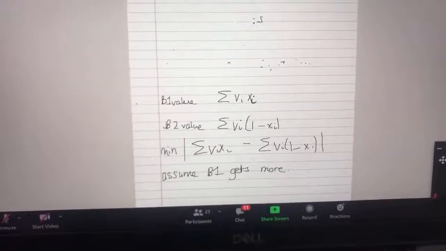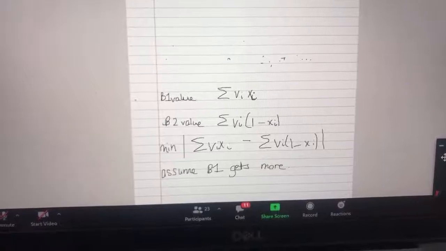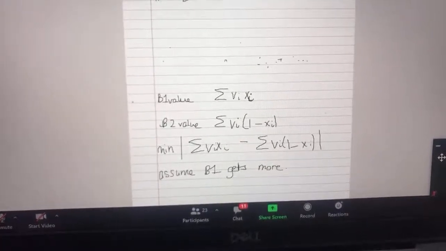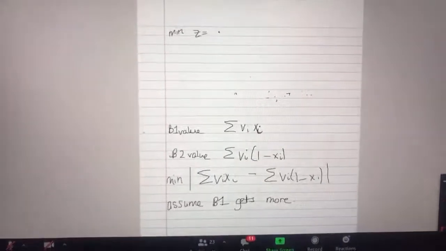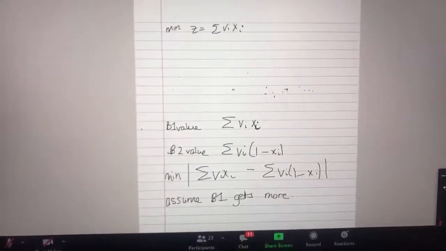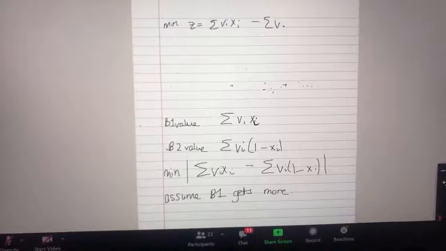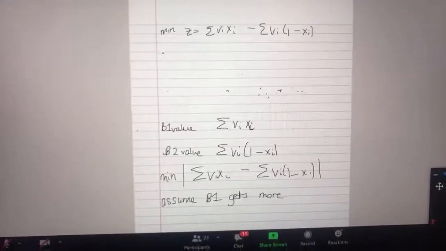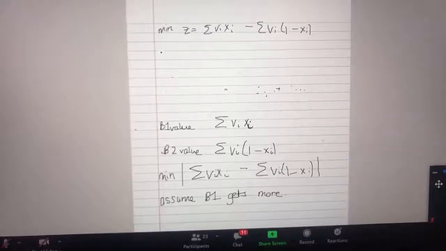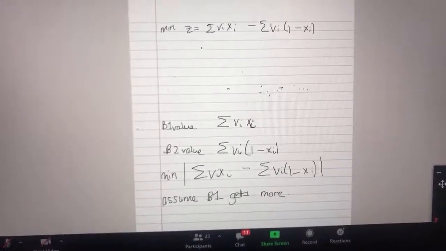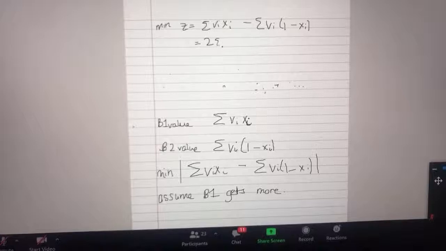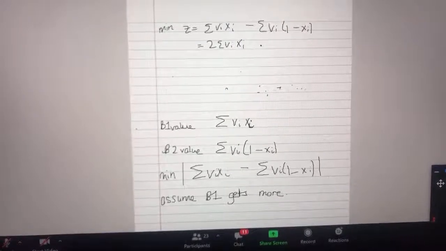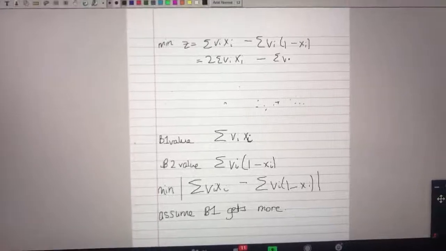So once we've done that, then we want to minimize z equal to the sum of vixi minus the sum of vi(1 minus xi), and then we can just rearrange that, and so you end up with z equal to twice the sum of vixi minus the sum of vi.